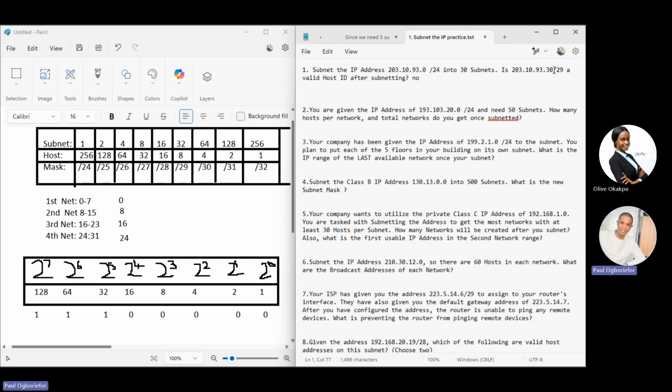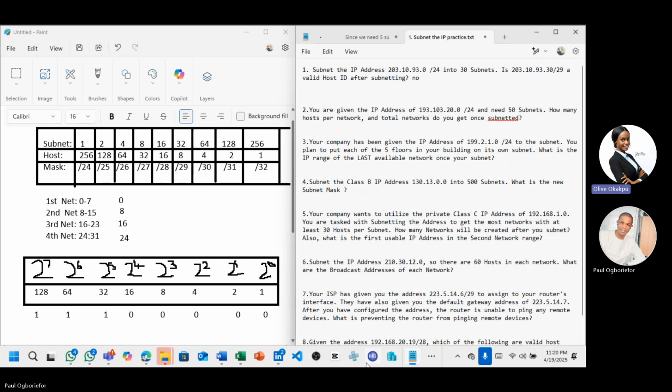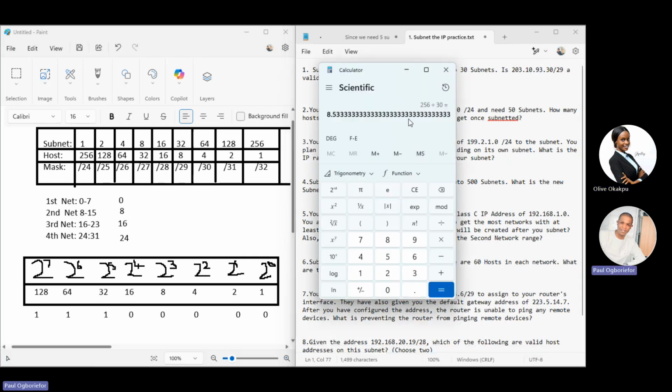So that's 128 plus 64 plus 32 plus 16 plus 8. Perfect. That's 248.